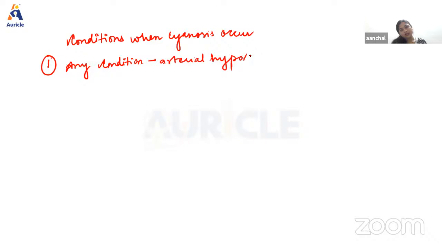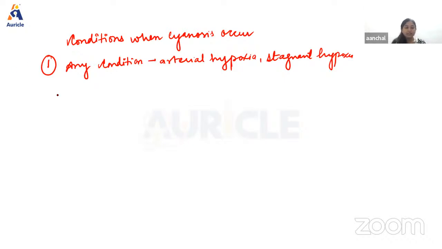Any condition that leads to arterial hypoxia and stagnant hypoxia. Cyanosis does not occur in anemic hypoxia because the hemoglobin content itself is very low.